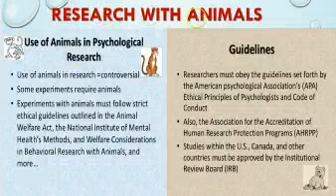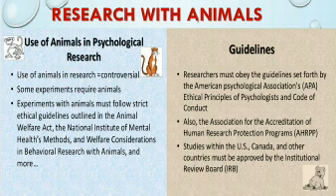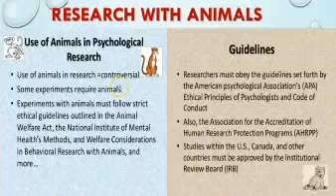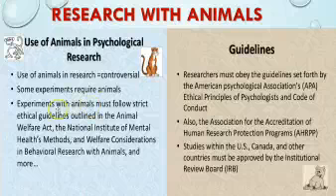When doing research with animals, there are also certain guidelines that you must follow. Although animals can't give consent, they can't talk, they can't sign papers, it's very controversial with a lot of animal rights groups. And of course, some experiments require animals, so they must follow strict ethical guidelines, which are outlined in the Animal Welfare Act and the National Institute of Mental Health's Methods and Welfare Considerations in Behavioral Research with Animals.